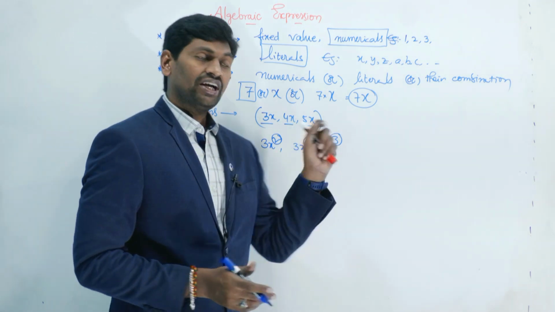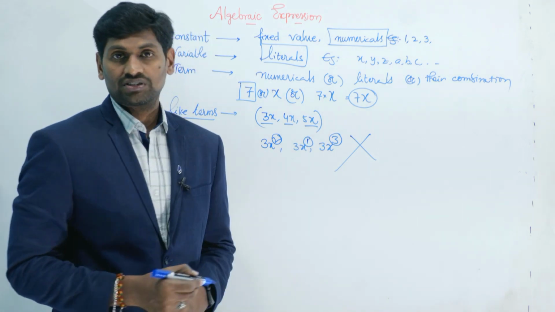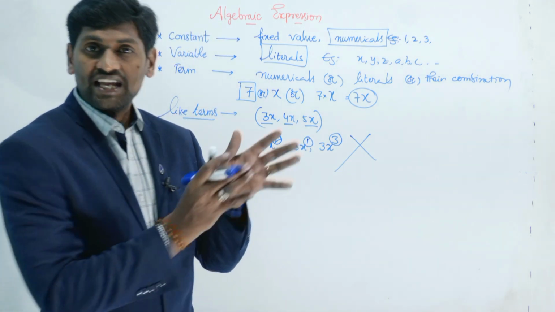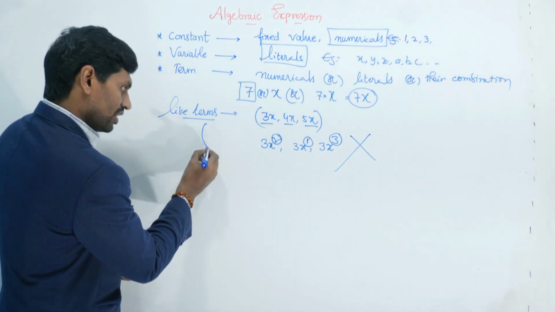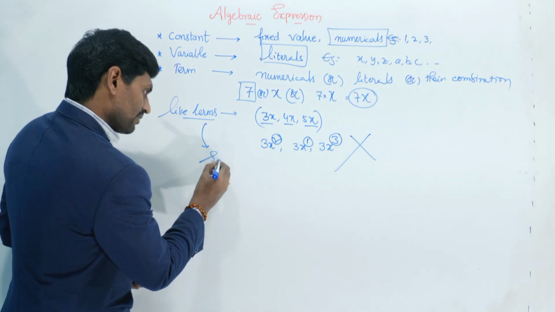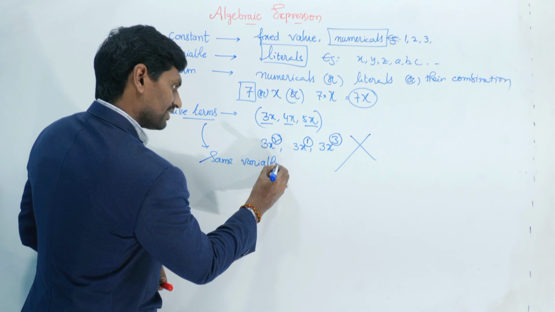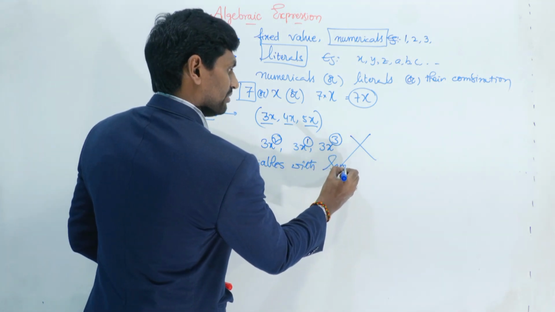All have different exponents. These are not like terms because like terms are nothing but terms containing the same variables with the same exponent, or same indices, whatever.